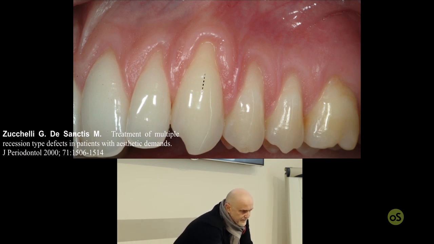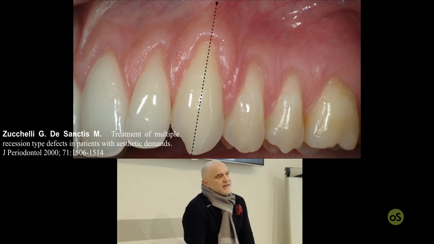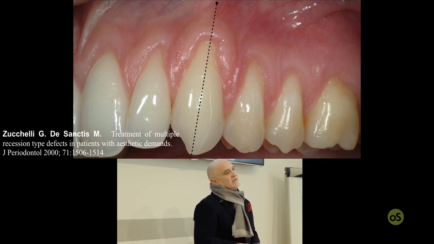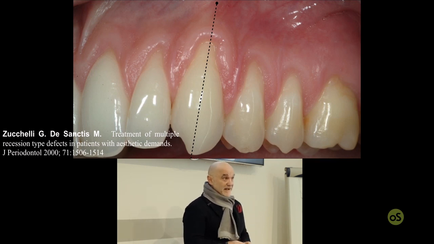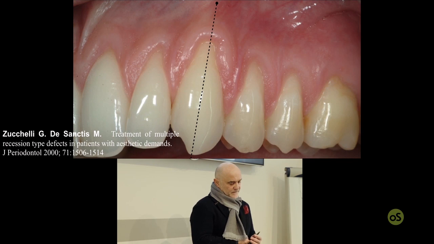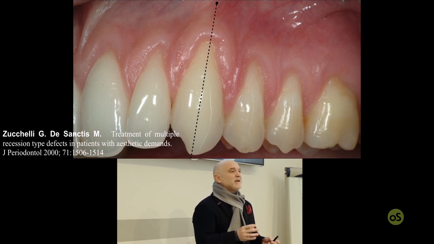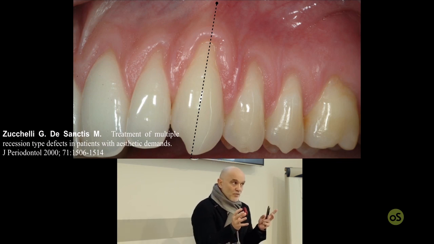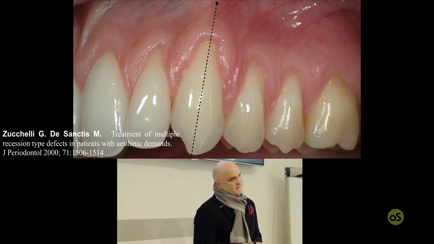And in this flap, the imaginary line passing through the mid-buccal surface of the canine is the so-called rotation axis that will influence a lot how the surgical papilla will move, will rotate during the advancement of the flap.